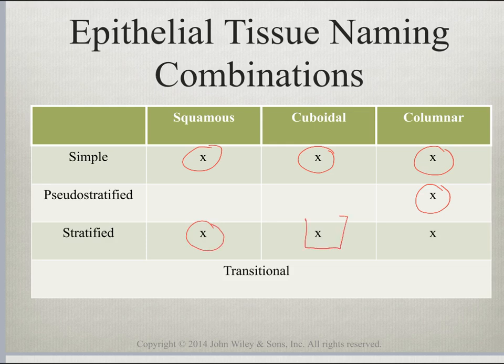You need to know for lecture that stratified cuboidal exists, but you will not do this in lab. Same for stratified columnar. And you need to know for lab transitional.